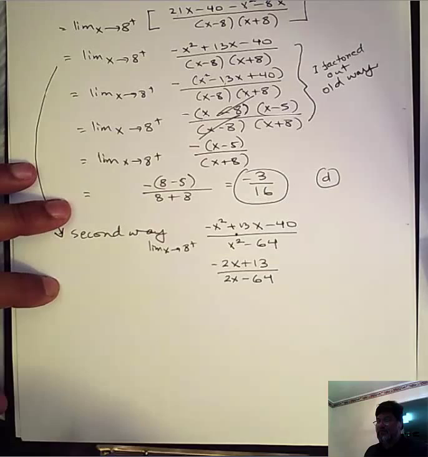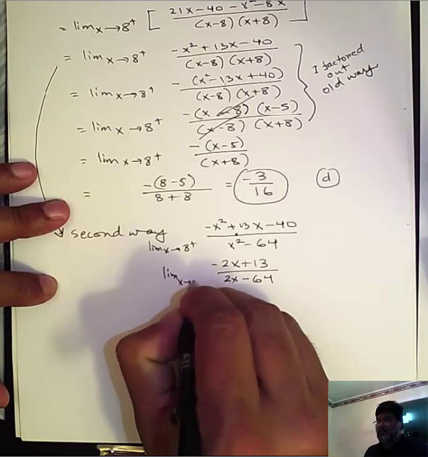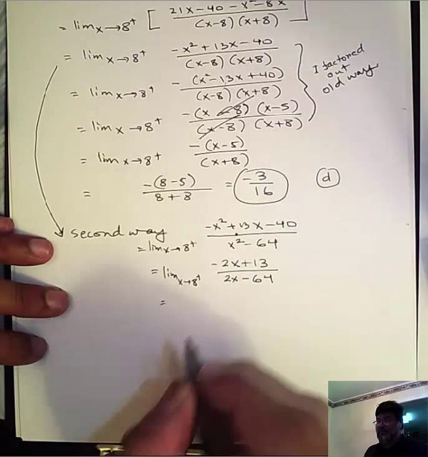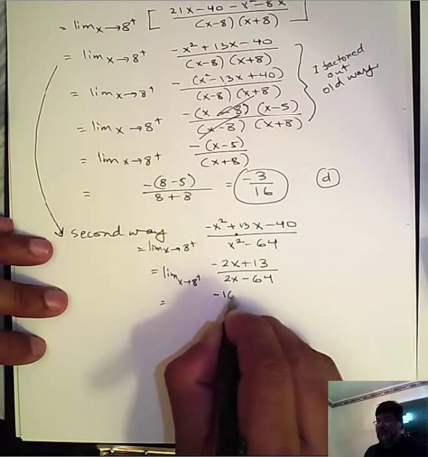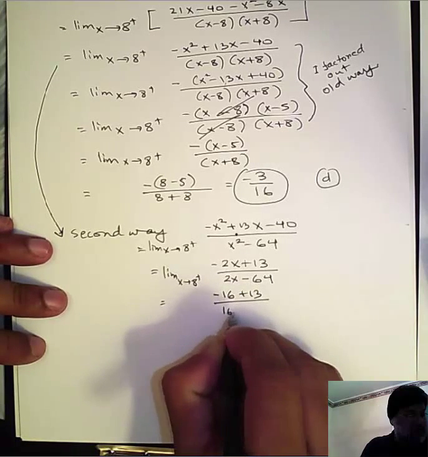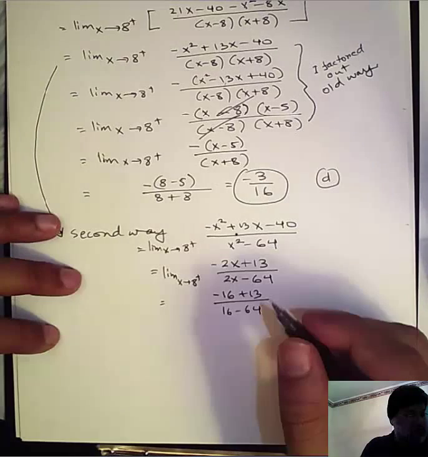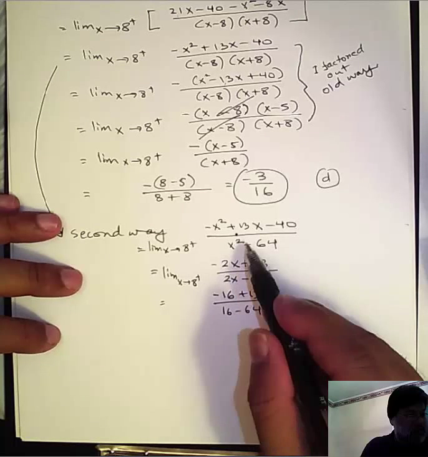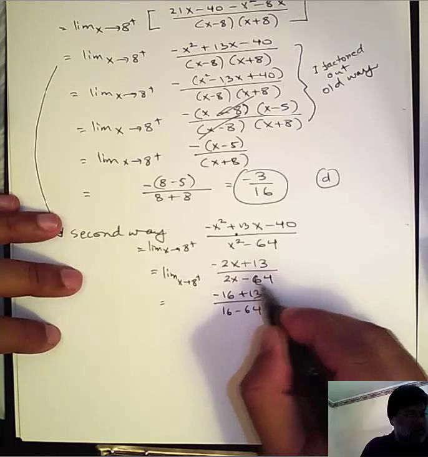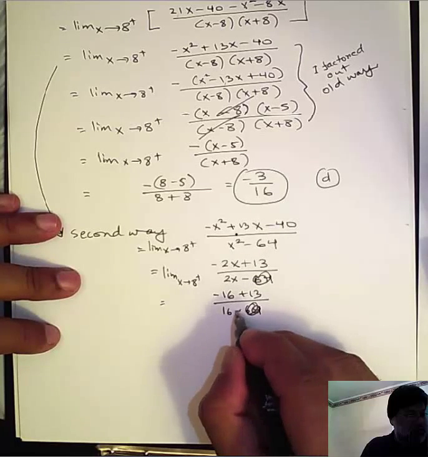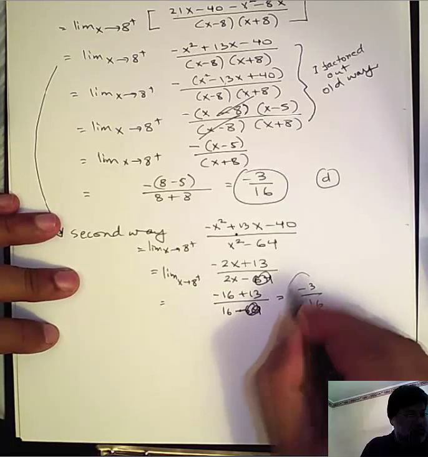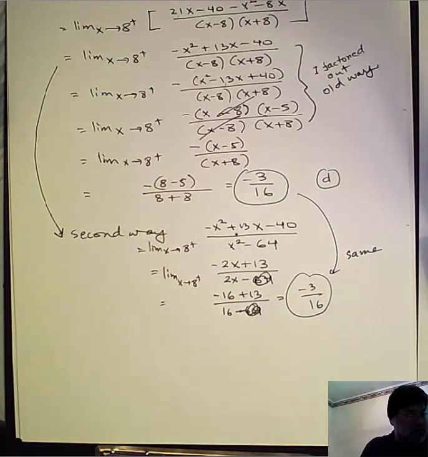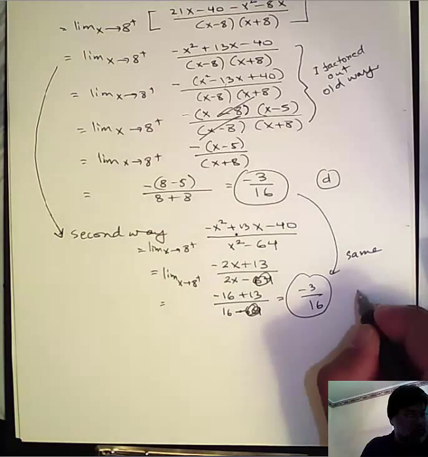Now can we plug in 8? That's negative 16 plus 13. That's 16 minus 64, I'm sorry. Oh, this is 0. That's what it is. Okay. So this is still a little bit faster than this one. Same. So choice is still B.